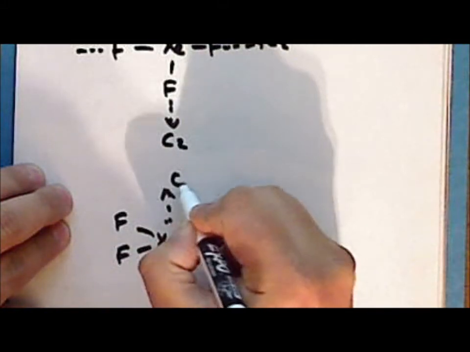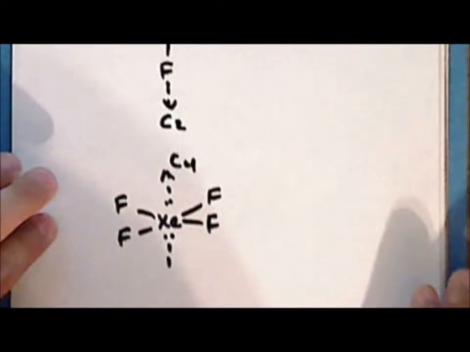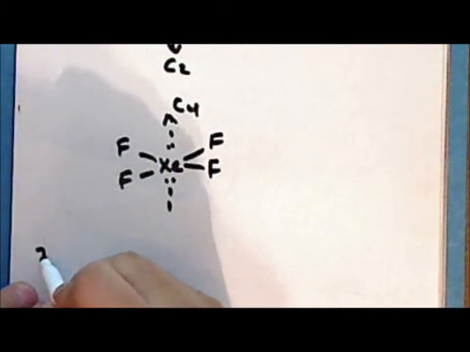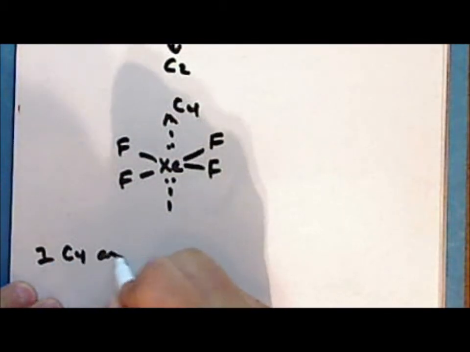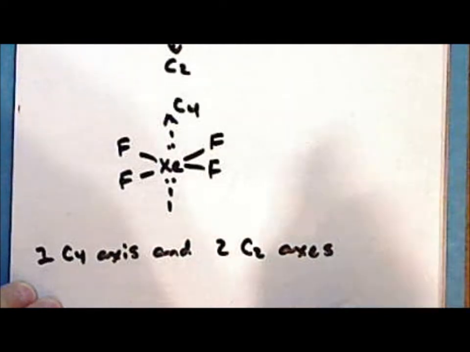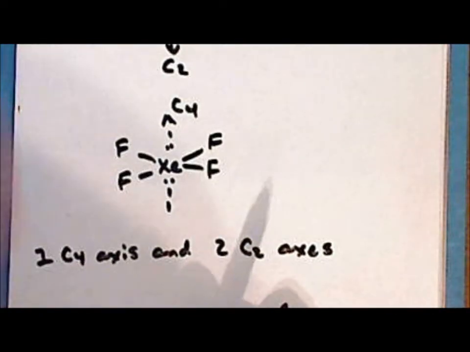And so this is a C4 axis. And so a molecule of xenon tetrafluoride has one C4 axis and two C2 axes, where the C4 axis is the principal axis of the molecule.